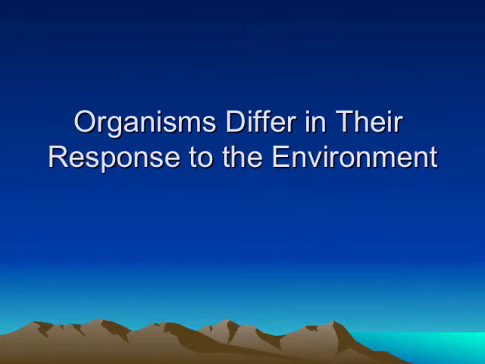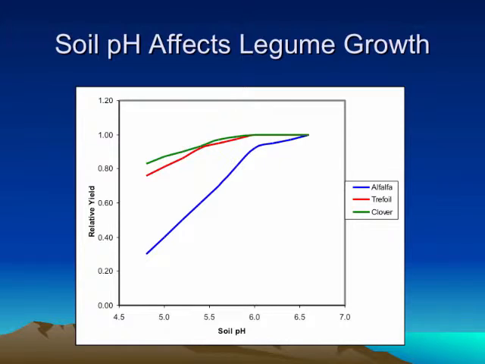Now, organisms also differ in their response to the environment, and that's what allows for competition, or maybe I should say causes competition. But first of all, let's just look at this one. Probably all of you are familiar with this: alfalfa needs a pH between 6.5 and 7 to be in that optimum range.